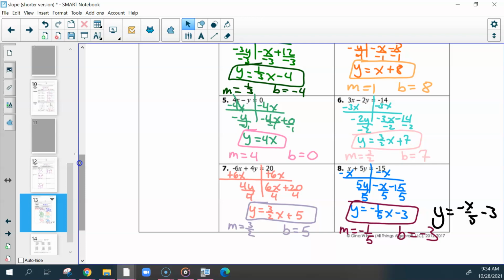And then there are 2 Delta Math. One is part 1, which is slope from a graph and slope from 2 points. The other one is kind of like slope-intercept intro and converting, what we were doing today. Both of those Delta Maths are due by next class, so that is Wednesday will be the next time I see you guys, because you guys don't have school Monday and Tuesday.